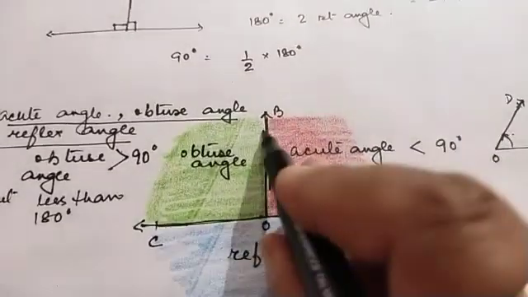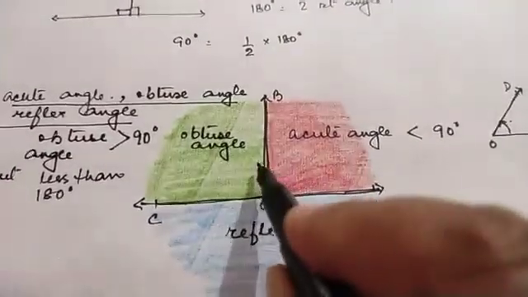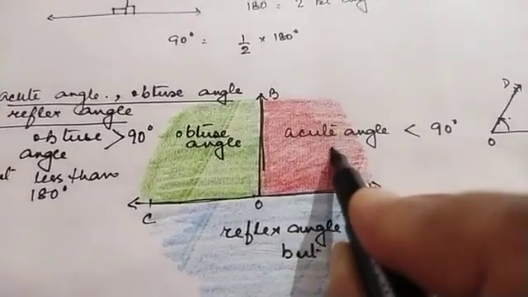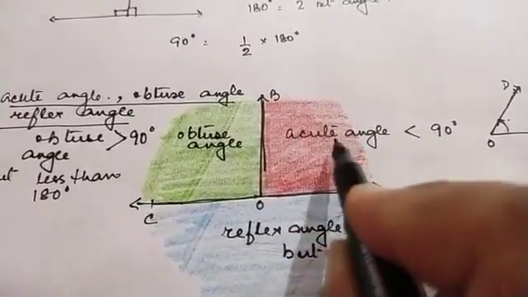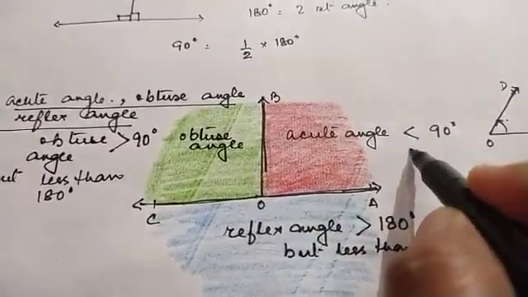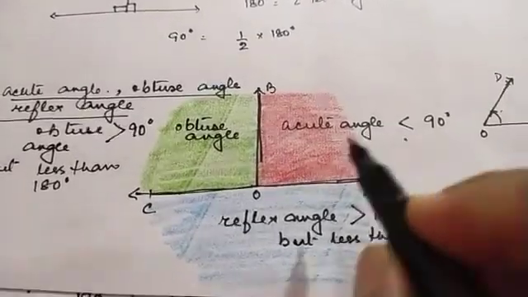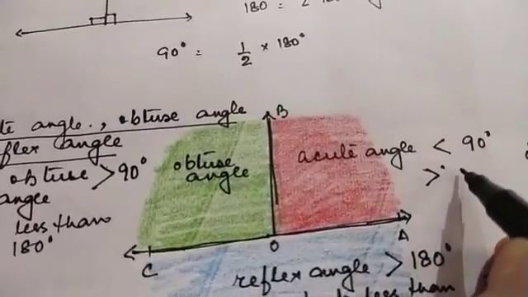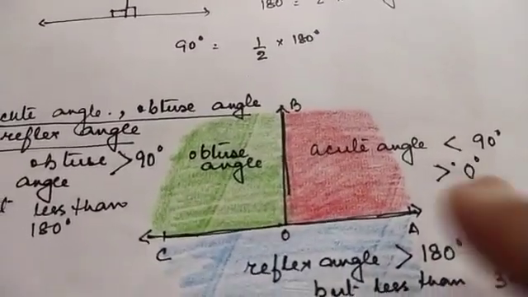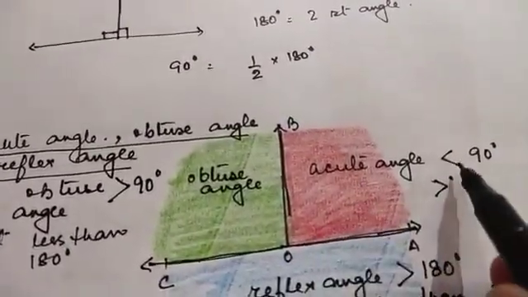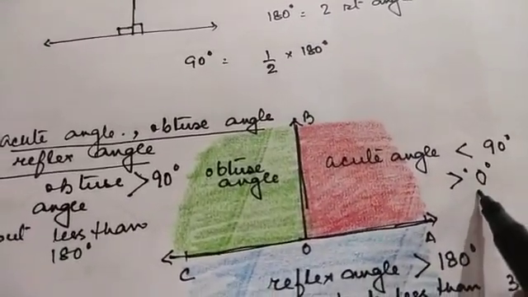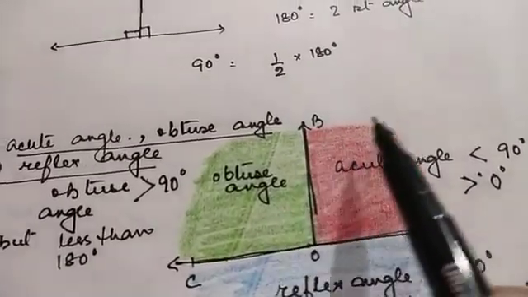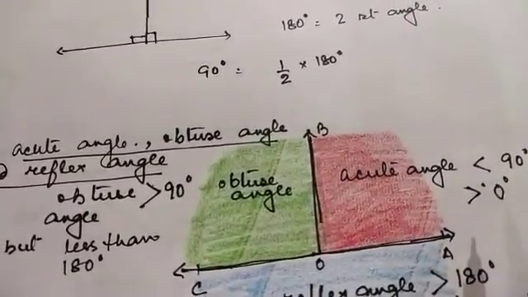Here you see, in this region between 0 and 90 degree, whatever angle comes is an acute angle. So acute angles are less than 90 degree and greater than 0 degree. All the angles that fall on this red region are acute angles.